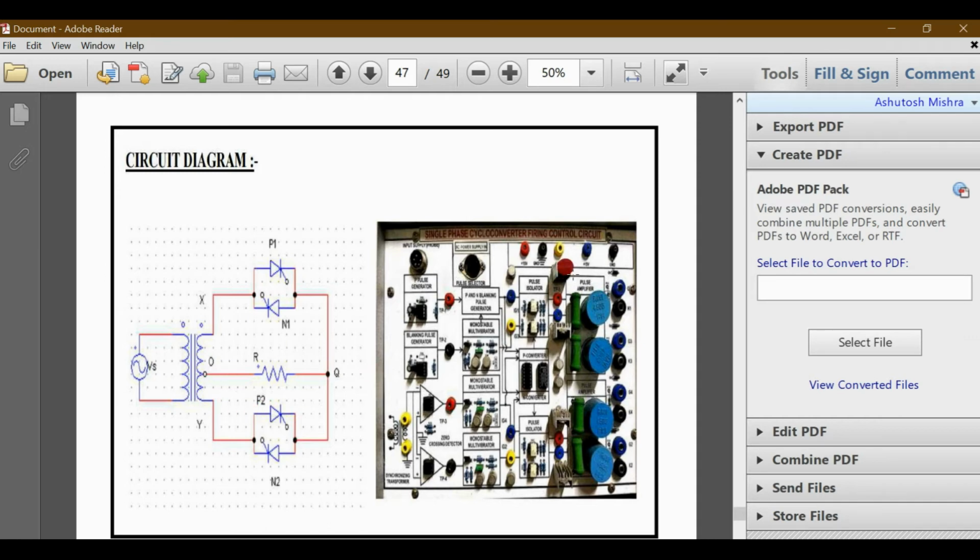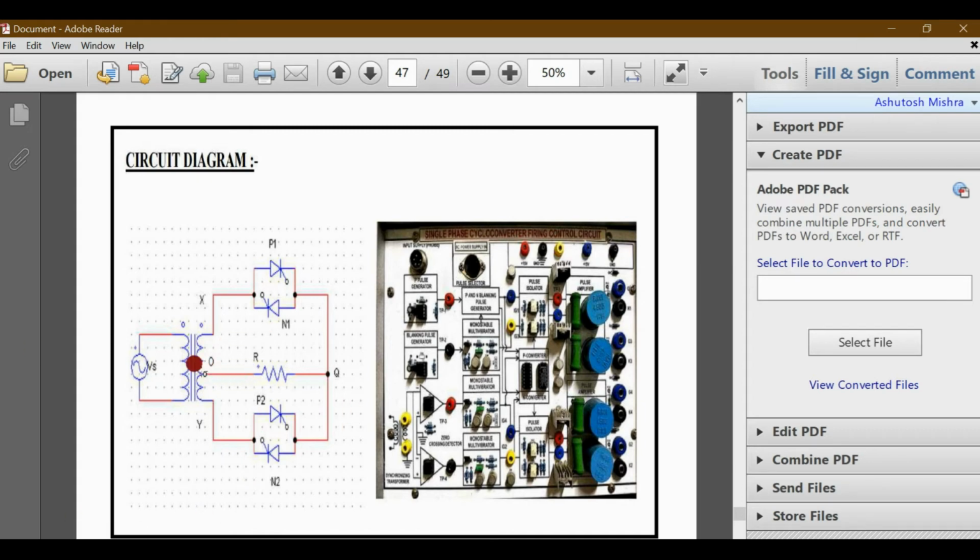Where will the AC supply come from? You will get the AC supply through this. AC supply is there, then there is a transformer, and this is a step down transformer. Then you will see P1, P2 positive sets of thyristors, and N1 and N2 negative sets of thyristors.